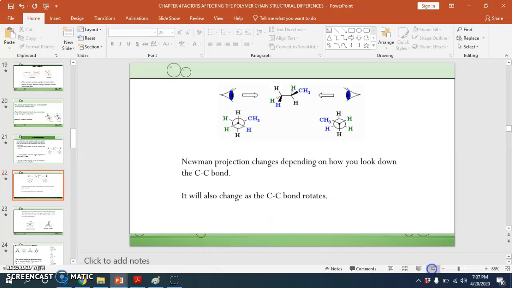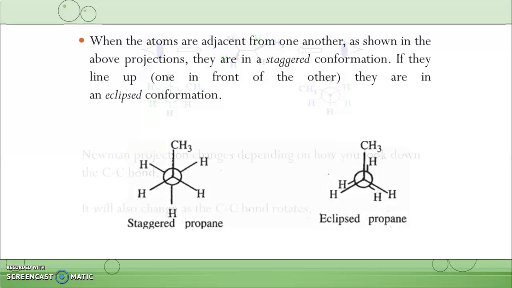So the lowest energy for propane is in the staggered conformation. This is the staggered conformation, whereby the hydrogen, this one, and this one, are adjacent from one another as shown in the above projection.